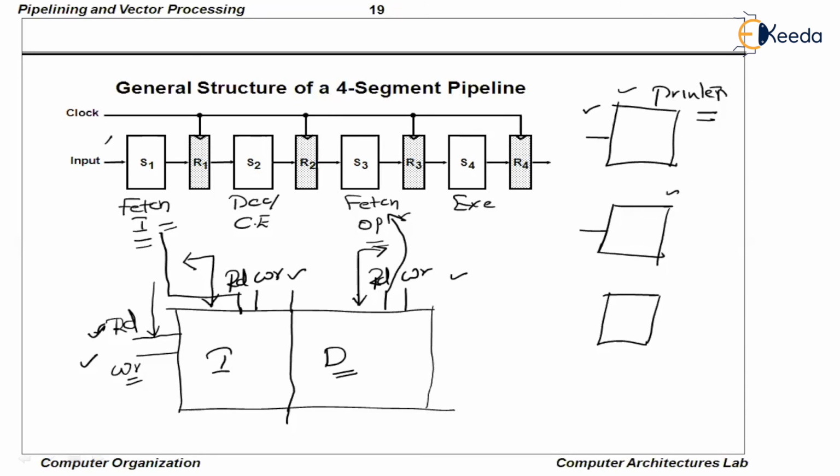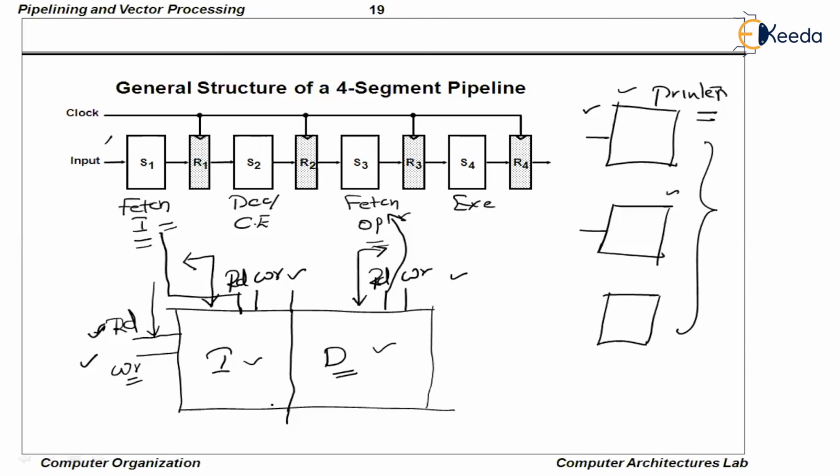I don't need to use two memory units. What I can do is use separate read and write pins for both instruction memory and data memory so that structural hazards can be completely eliminated. Use as many resources as possible if these are physical resources. If it is main memory, of course, main memory has to support both the instruction fetch segment and the operand fetch segment.